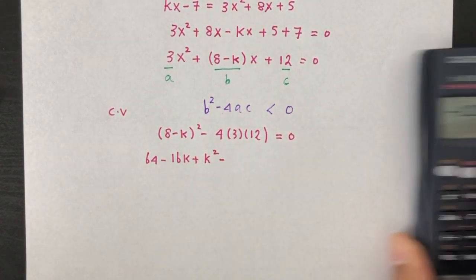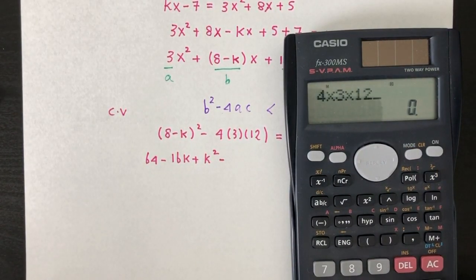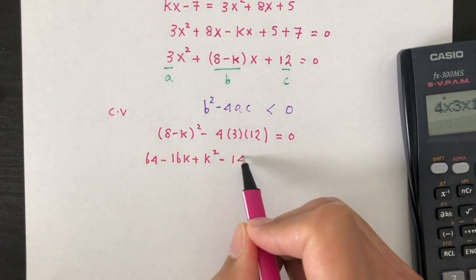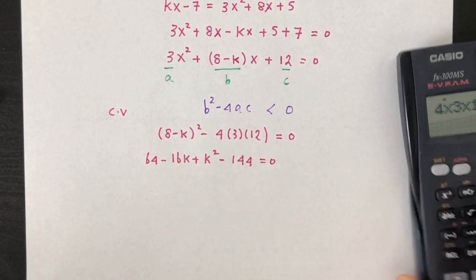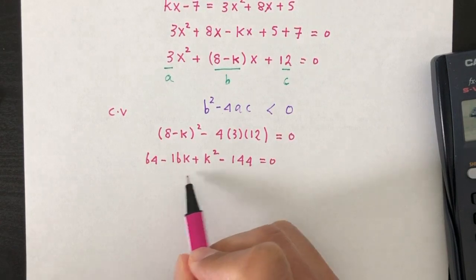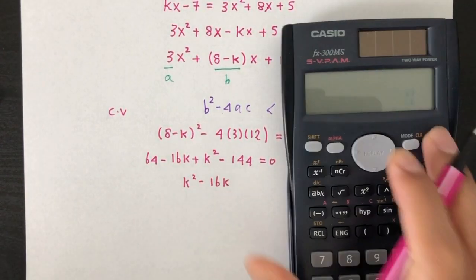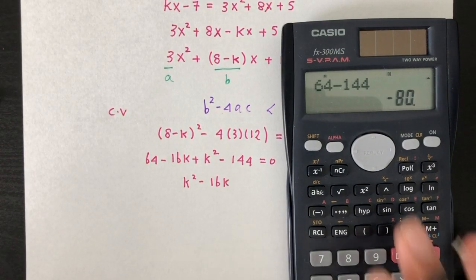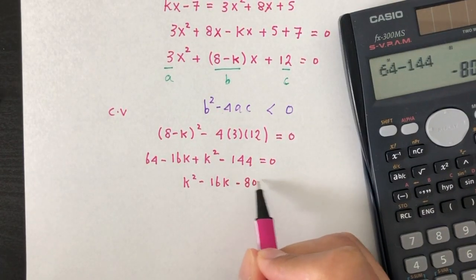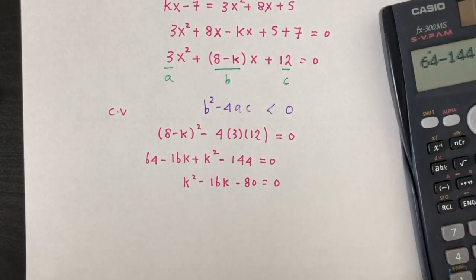Then you will have minus 4 times 3 times 12, which is minus 144, equal to 0. Now let's simplify this. You will have k squared minus 16k, and what is 64 minus 144? That will be minus 80 equal to 0.